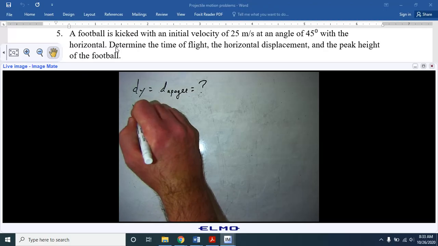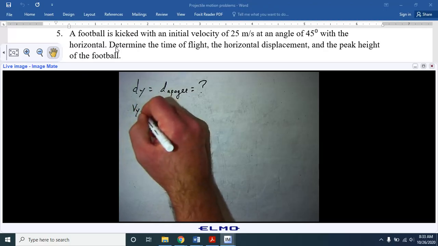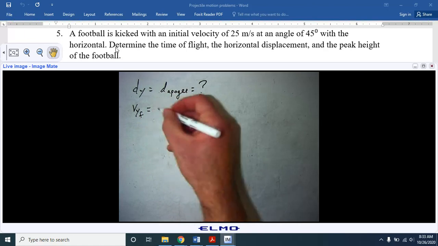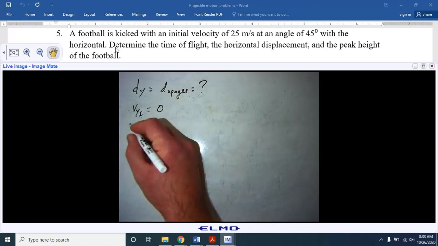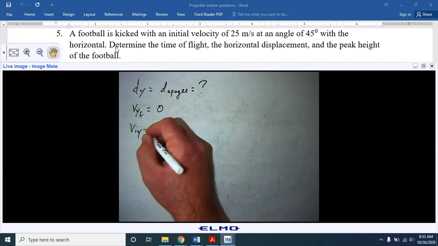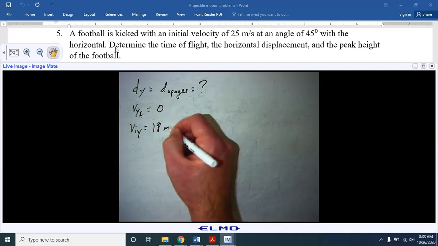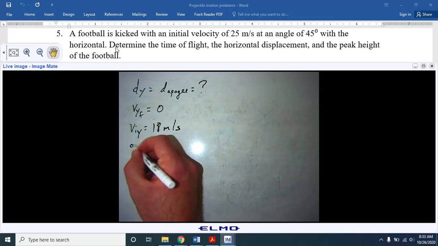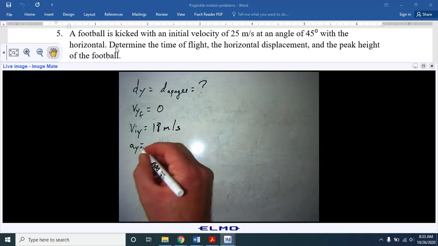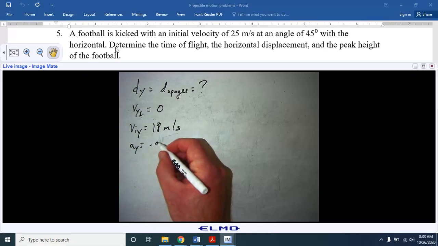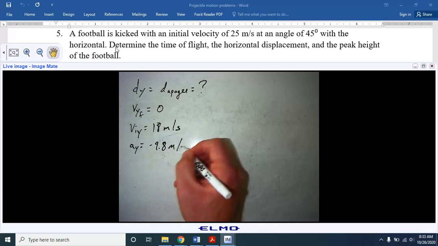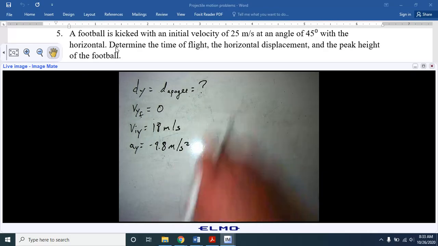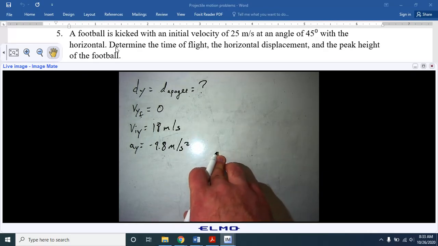I know that my velocity at apogee, which I'm going to define as final velocity, is 0. I still know my initial velocity in the y direction is 18 meters per second. And I still know that acceleration is going on because I'm on planet Earth. So I've got these 4 variables occurring.